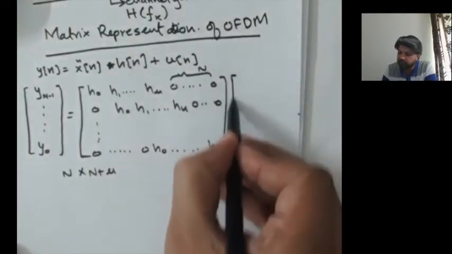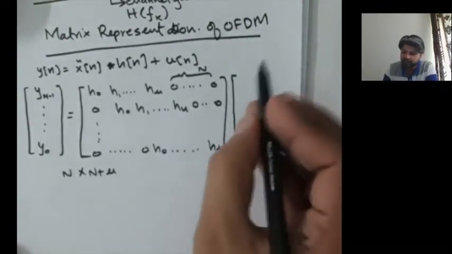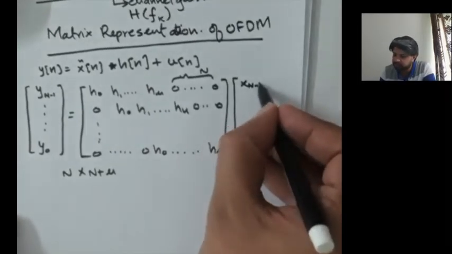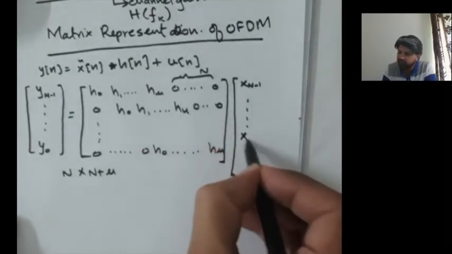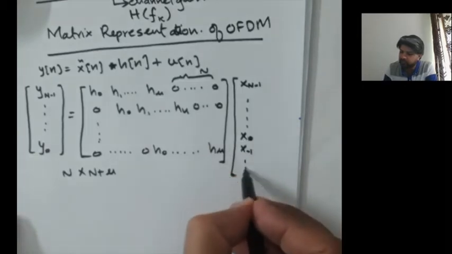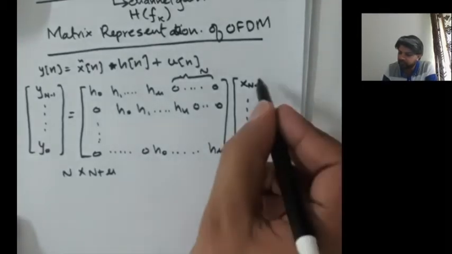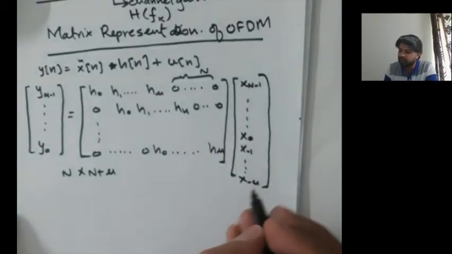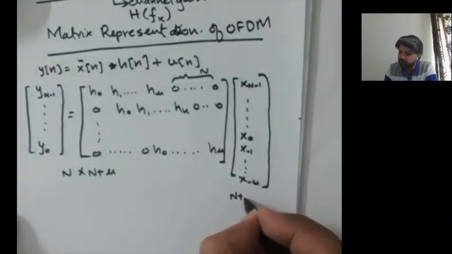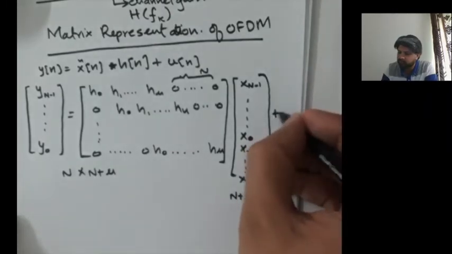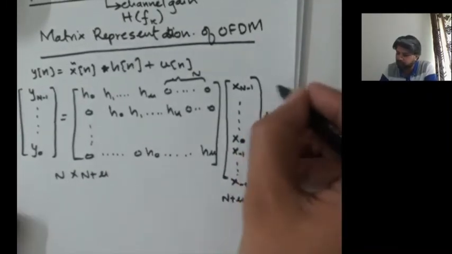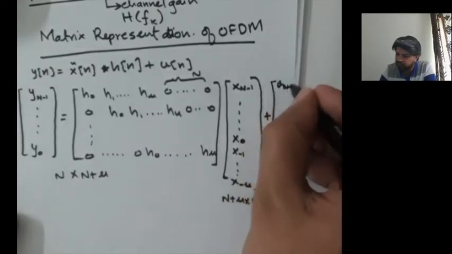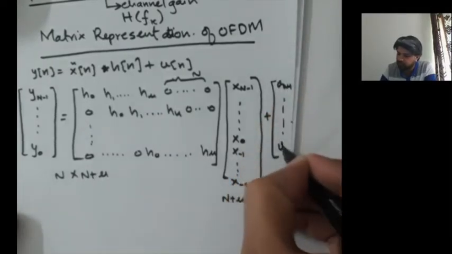That would get multiplied with your x tilde, which is x n minus 1 all the way to x0, and then x minus 1 all the way to x minus mu. So this x vector has a length of n plus mu, which is n plus mu cross 1, plus of course the noise vector, which has a dimension of n cross 1: v n minus 1 all the way to v0.